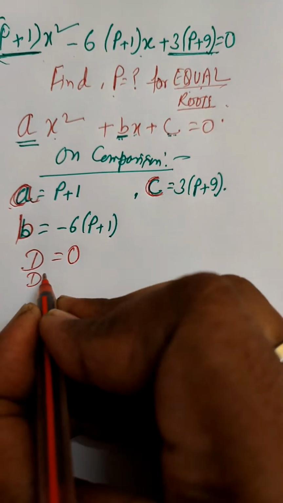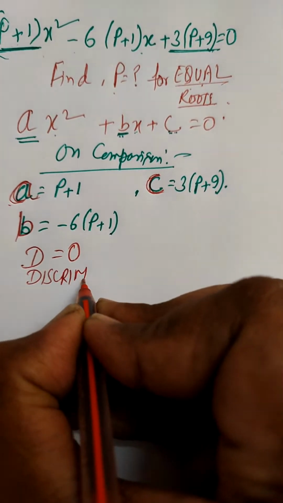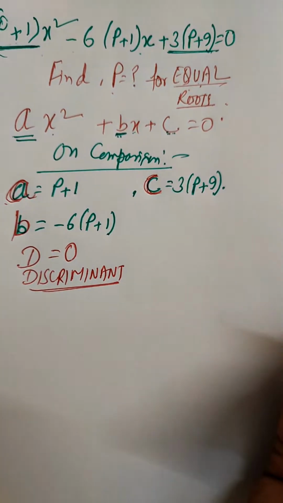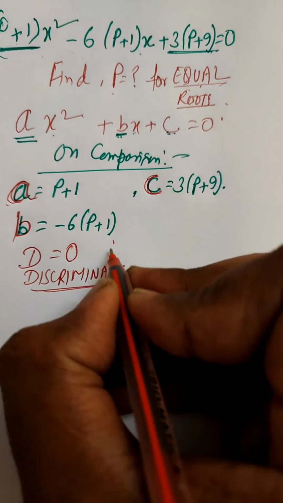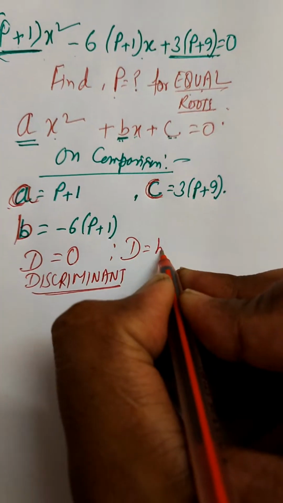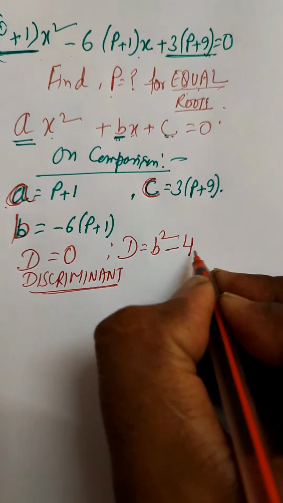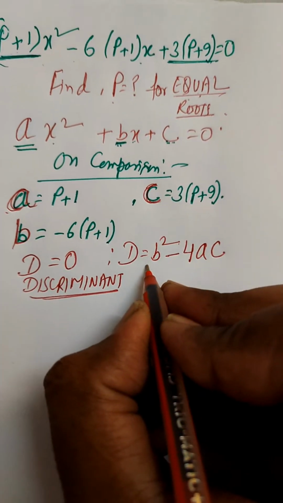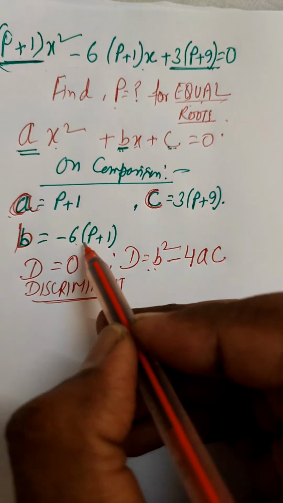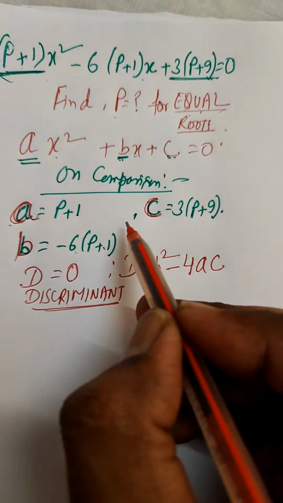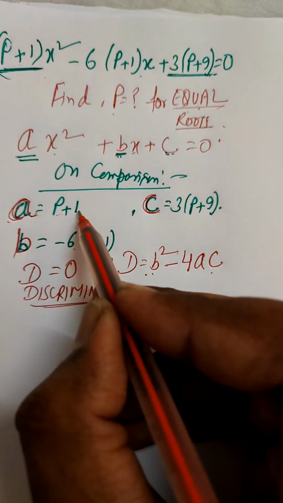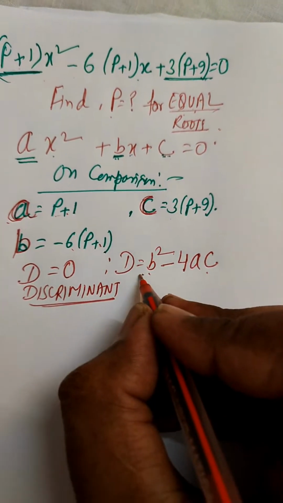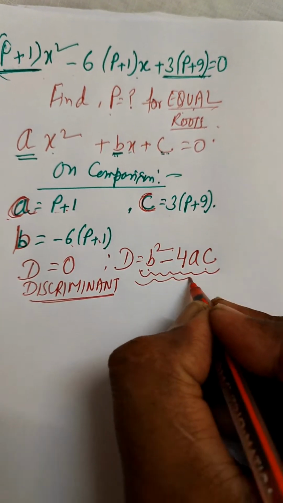D is the discriminant, it should be equal to 0. And what is the value of D? D is b square minus 4ac, right? We know this is the value of b, this is the value of a, and this is the value of c. So just put them in over here to calculate the value.